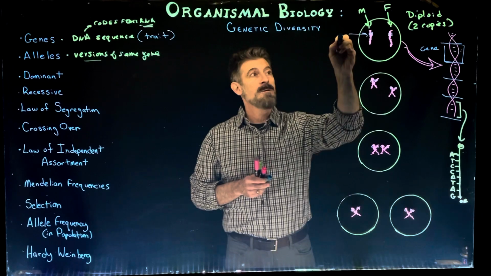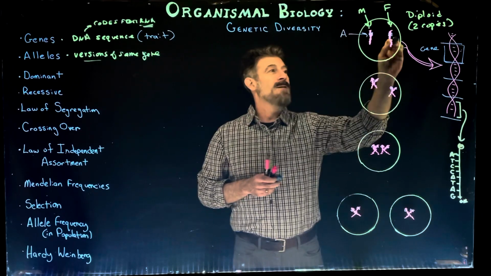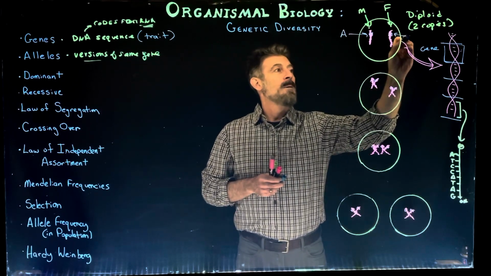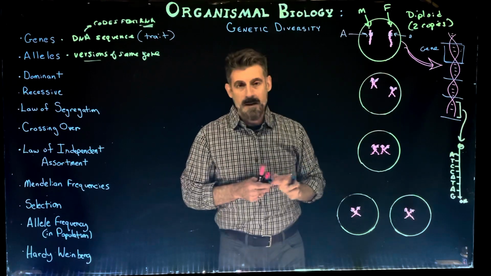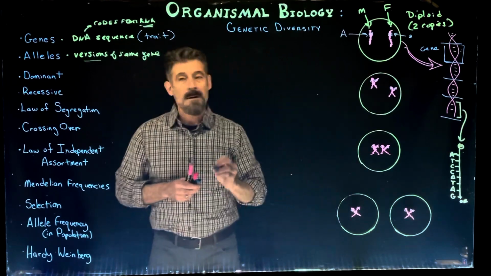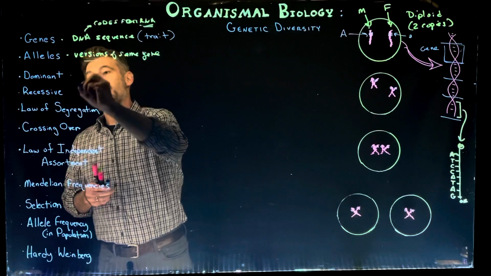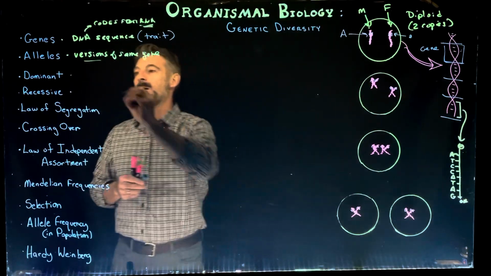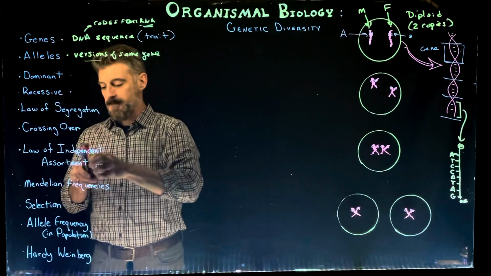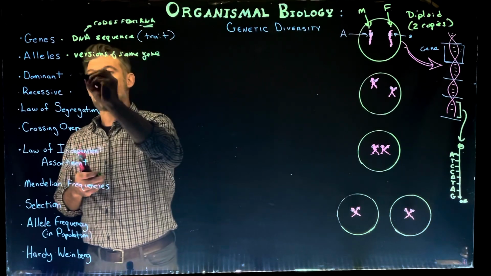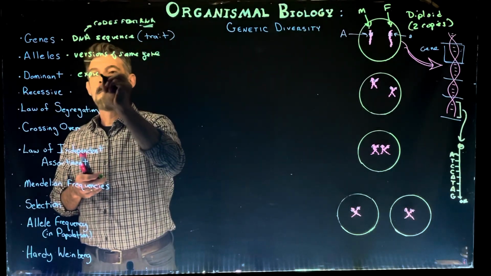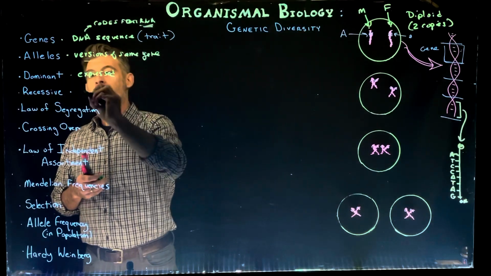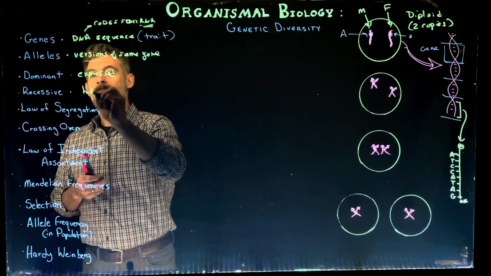We usually designate them with capital letters and lowercase letters. And now this is what we'll talk about. When we talk about different alleles, we talk about dominant and recessive. So a dominant one is going to be expressed and the recessive one will be hidden.